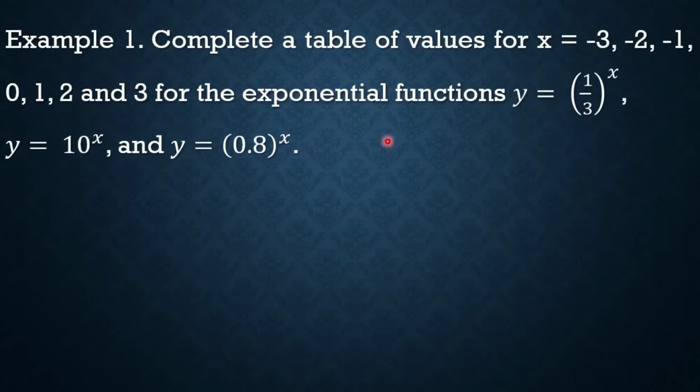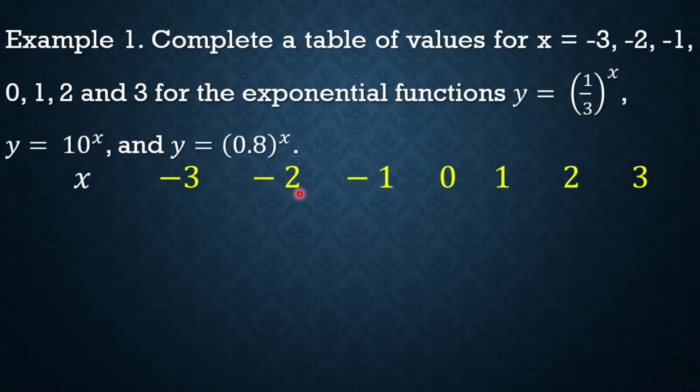Okay, complete a table of values for x is equal to negative 3, negative 2, negative 1, 0, 1, 2, and 3. We have a given function here and then we substitute the given values in. So we construct a table of values using the given values of x.